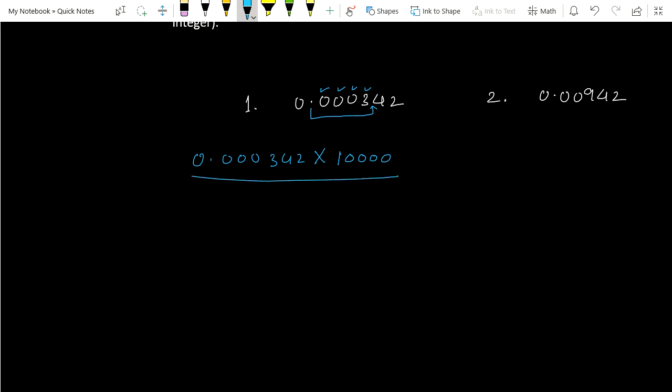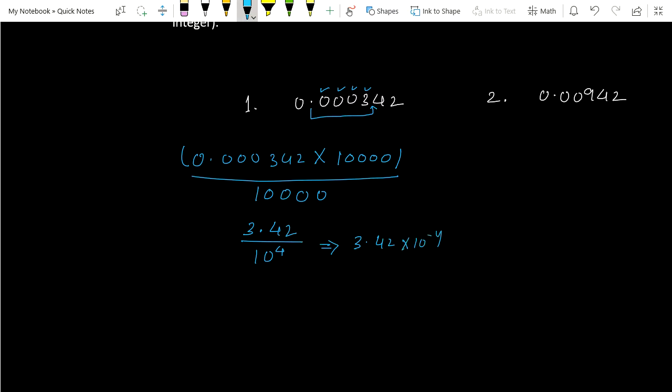If we are multiplying the number by 10,000, it is necessary to divide the number by 10,000 also. So by the above multiplication, we are finding the result is 3.42 and the denominator is 10 to the power 4. If we change this number into scientific notation, it should be 3.42 into 10 raised to minus 4.